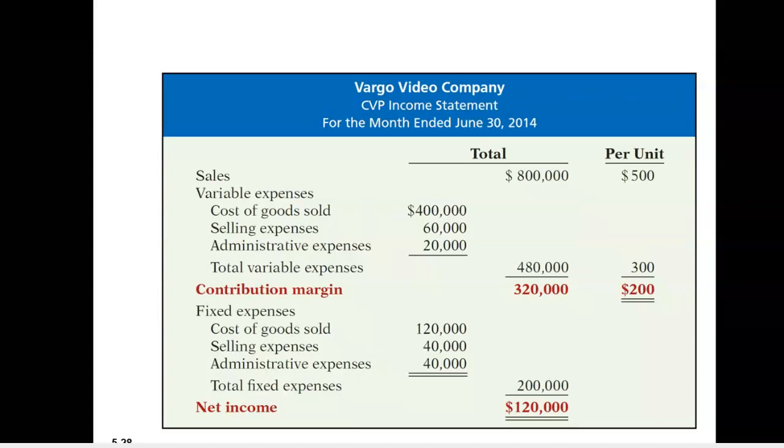Now, how many units do I have to sell to cover the fixed costs? That's what we're going to talk about in the next module. We're going to continue here with the new terminology: contribution margin in total, 320. Contribution margin per unit, 200.